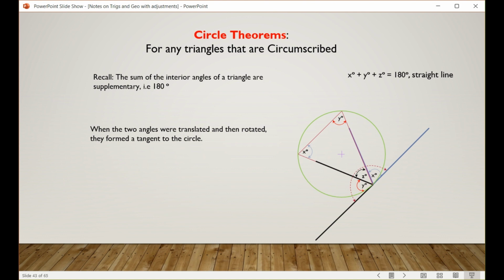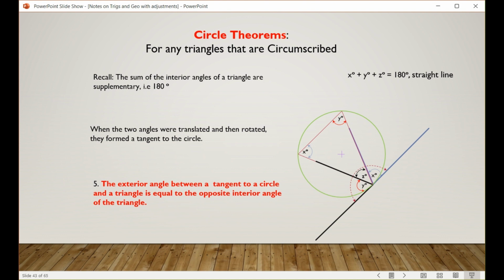So there's a theorem which states that the exterior angle between a tangent to a circle and a triangle, let's use the idea of X, is equal to the opposite interior angle of the triangle. So hopefully we can see X on the inside, opposite, and it's also on the outside of the triangle, between the triangle and the tangent.